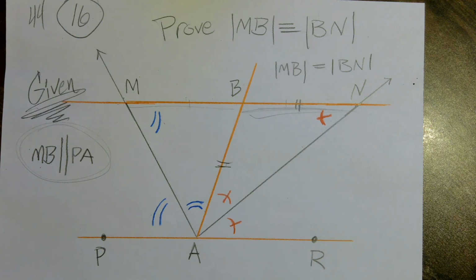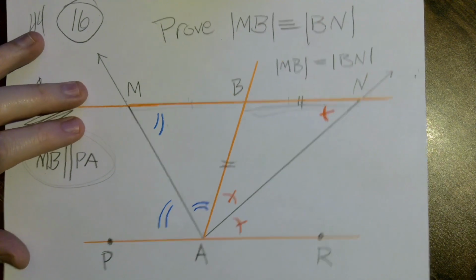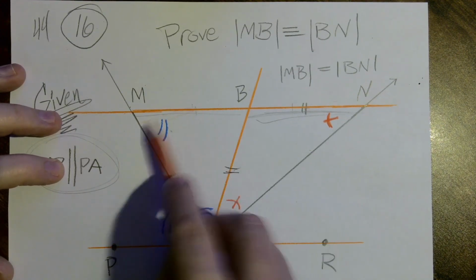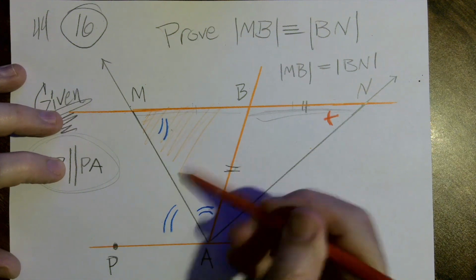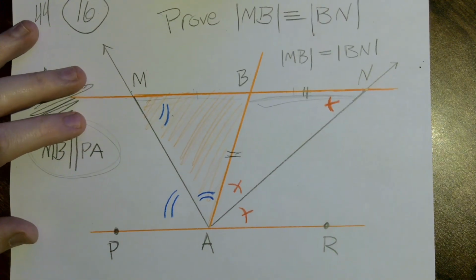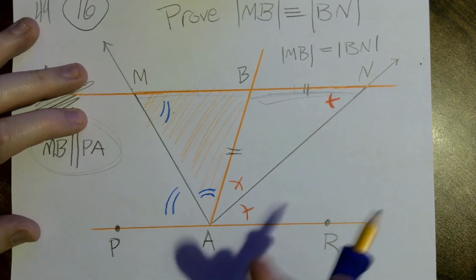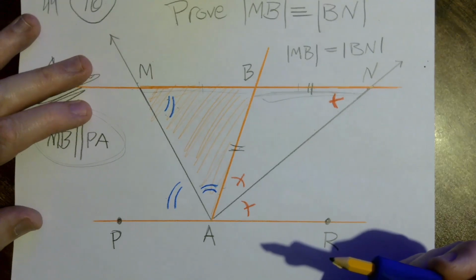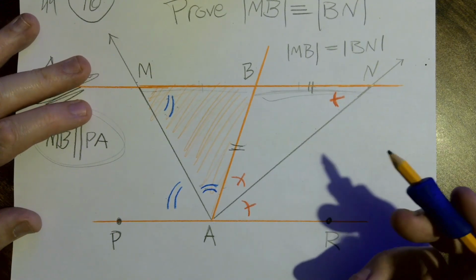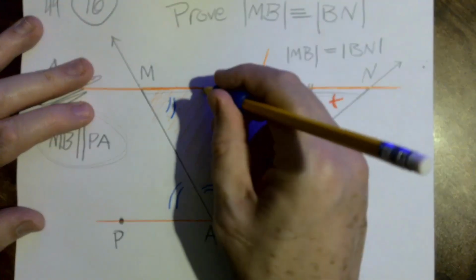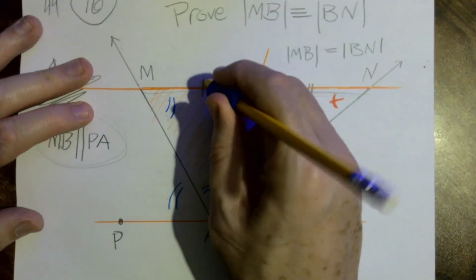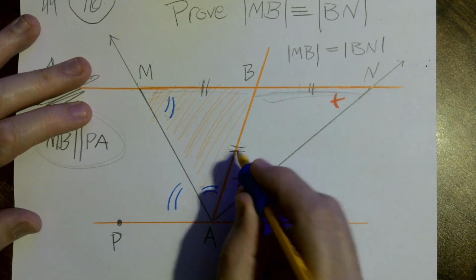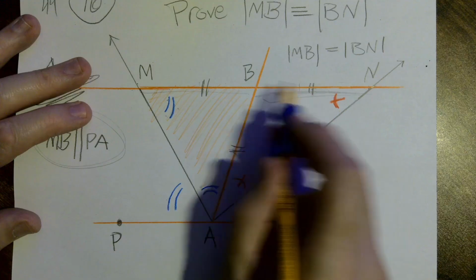And I'm talking about which triangle am I talking about? I'm talking about this triangle here. That triangle, this is also isosceles because these angles are equal. So that means this side is equal to this side. Well, there we go.